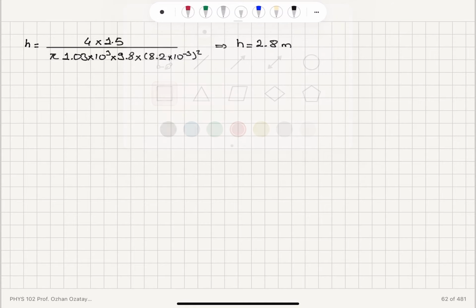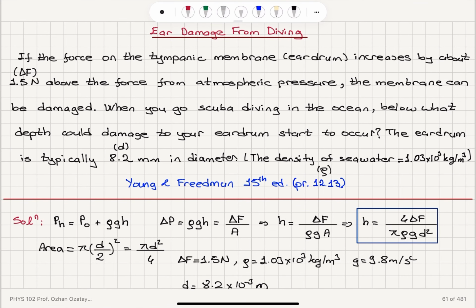Okay, so below 2.8 meters in the ocean, there will be permanent damage to the eardrum from diving.